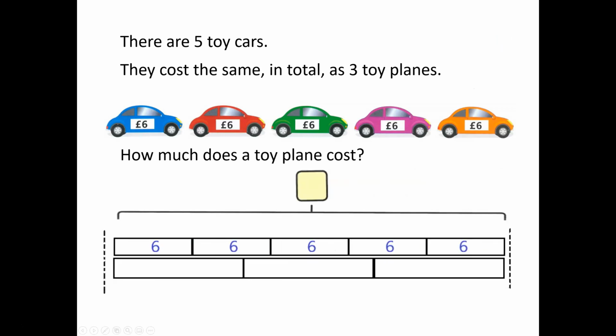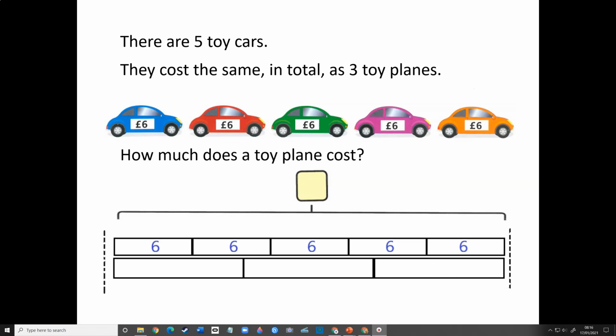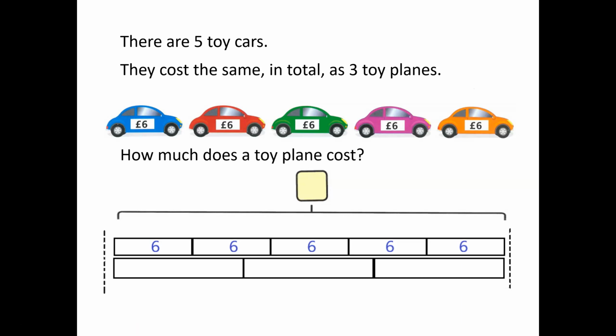We can see there are 5 groups of 6, which means we can work out the total cost of the cars. We can also see the total cost is the same as 3 equal groups.